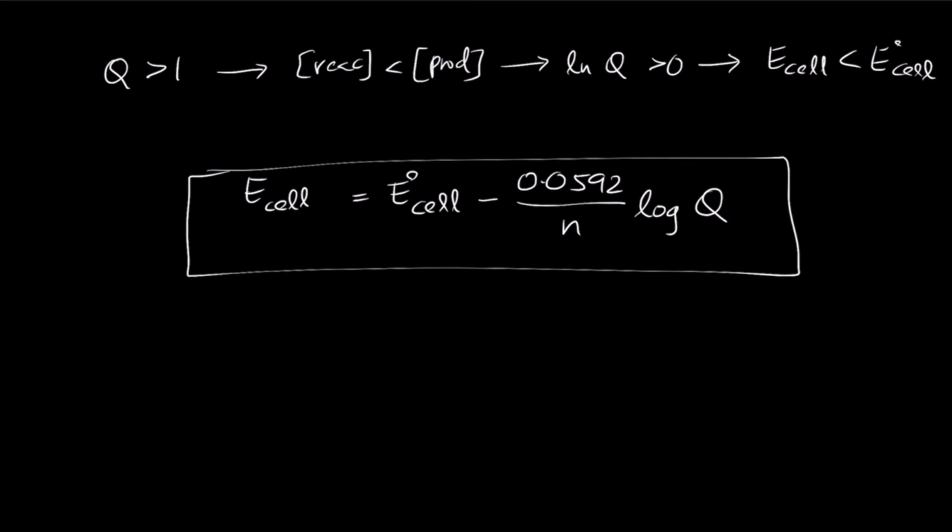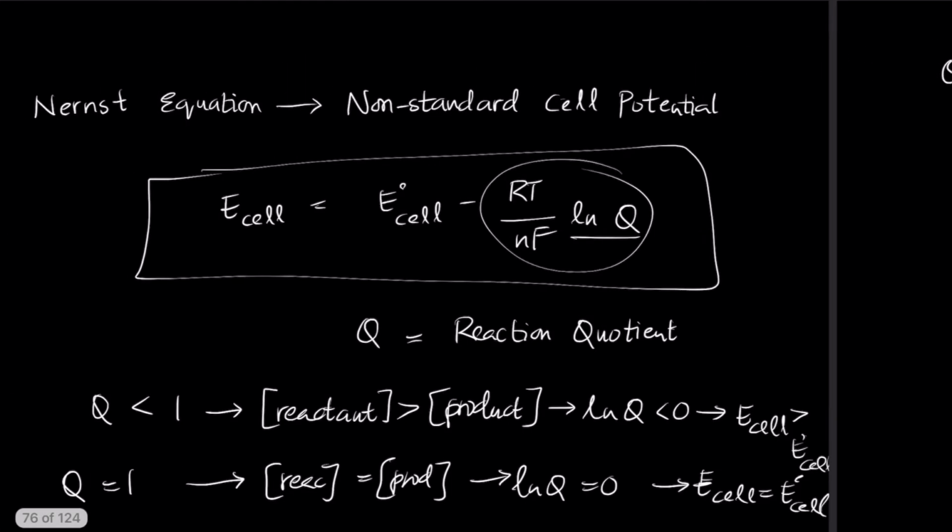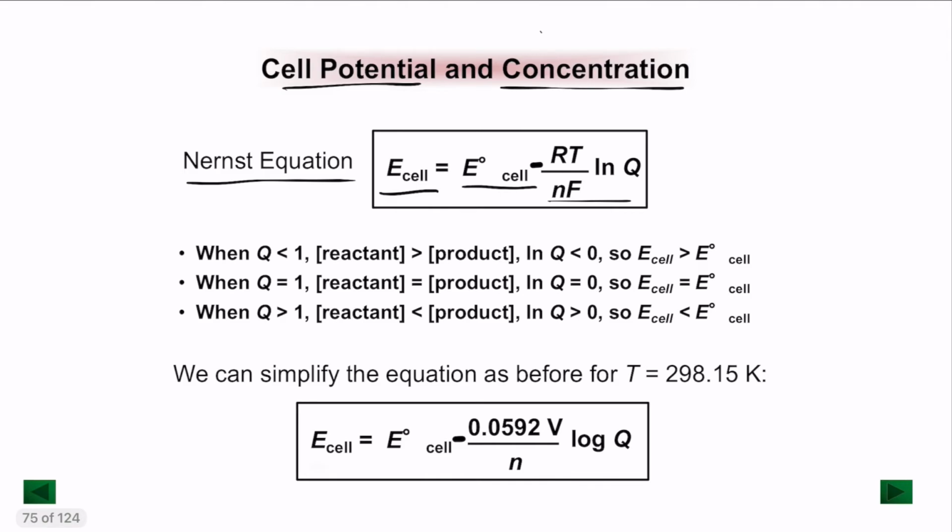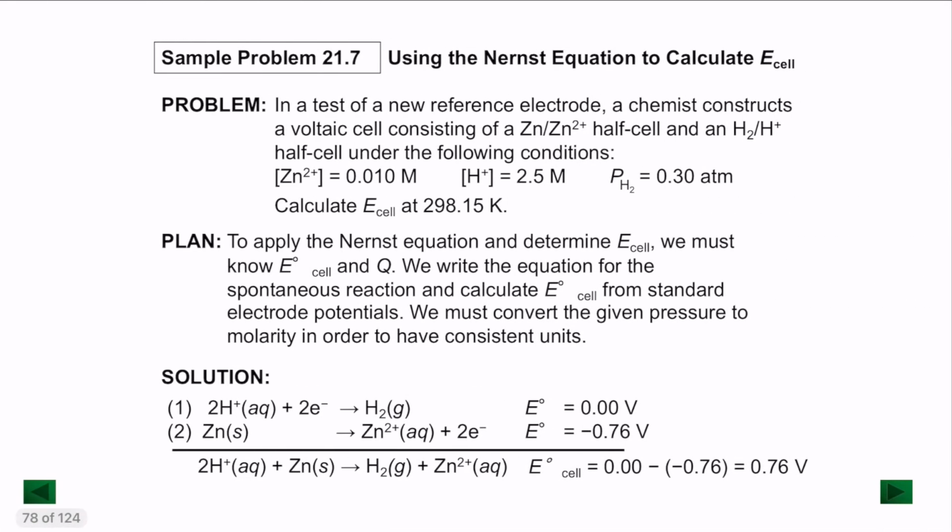Here N represents the number of moles of electrons transferred from the oxidation half reaction to the reduction half reaction.